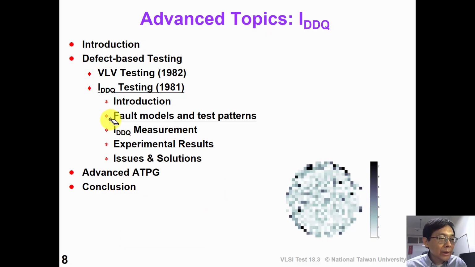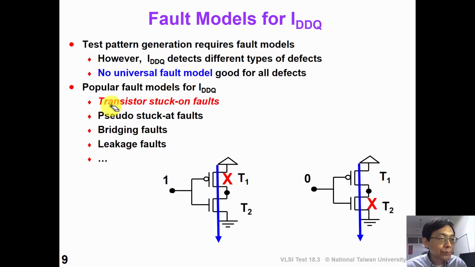So now, let's look at the fault model and test pattern generation for IDDQ. There are many different types of defects that can be detected by IDDQ. So there is actually no universally good fault model for all kinds of defects. There are some popular fault models, for example, transistor stuck-on fault.